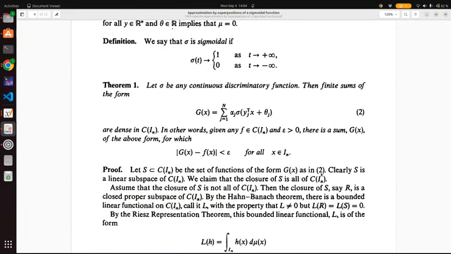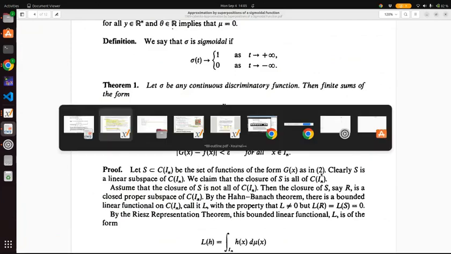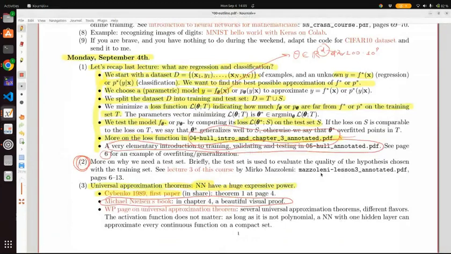Exactly. The activation function can be any function except polynomials. So the identity is not working. It can't be a polynomial. But as soon as you have a non-polynomial function, then the neural network is going to be a universal approximator. Okay. Thank you.